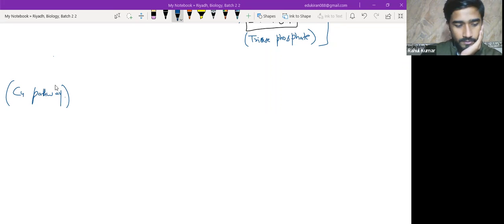So write down a few things about the C4 cycle first. C4 is an alternate mode of carbon fixation. The C4 pathway is an alternate mode of carbon fixation that has evolved to minimize photorespiration and optimize the Calvin cycle.